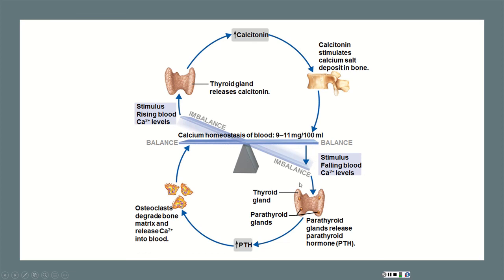When blood calcium levels drop too far, the parathyroid glands release parathyroid hormone, which stimulates osteoclasts to break bone down. Blood calcium starts to rise, and then we're back here. So we're constantly going through both sides of this. Now, even though blood phosphate is playing a role in both cases, it's really about calcium.